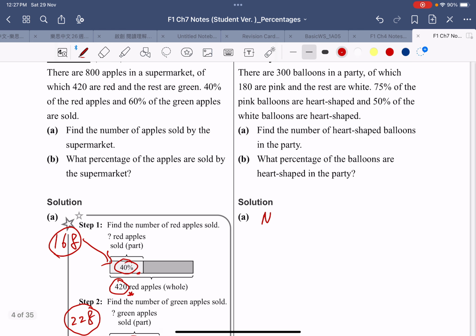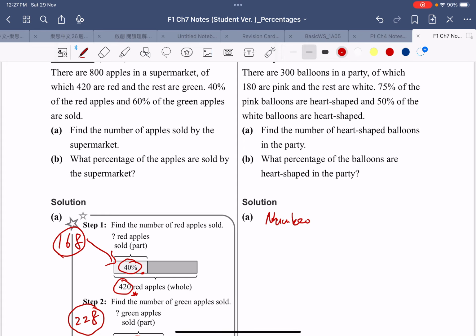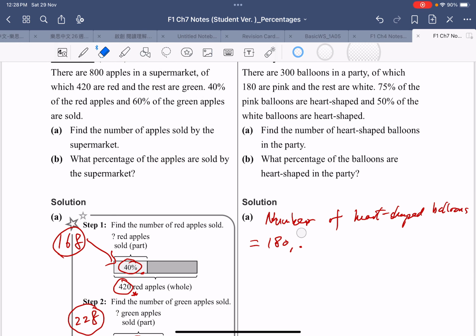Again, to calculate the number of heart-shaped balloons equals this times, sorry, times 75% plus, all right, in one step. I think you can understand what I'm writing.